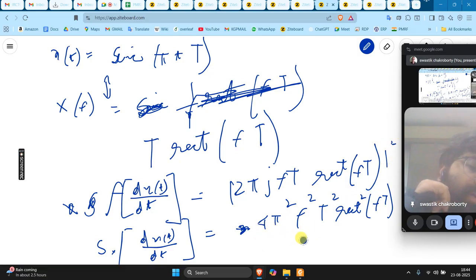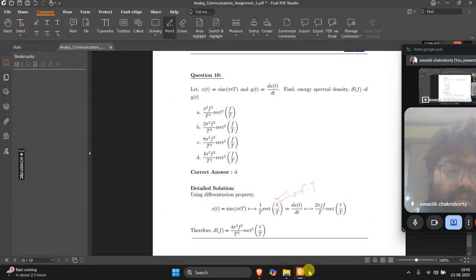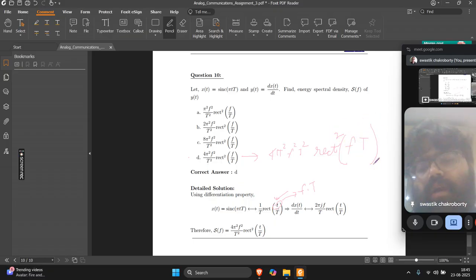So it will just be 4 pi square f square t square rectangular square f t. So this one is correct, but the option is written in a wrong way. This is the correct answer.